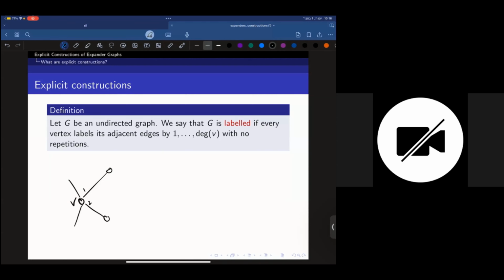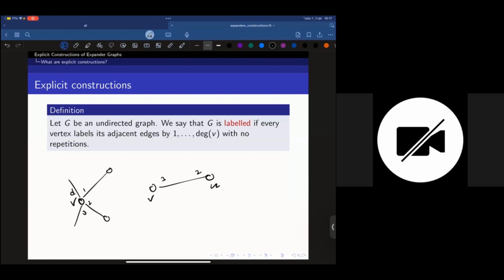It's undirected, but he thinks of them as outgoing edges from 1 to D in a bijective way. What is important to note is that the two end vertices of an edge don't need to agree on the label. Maybe V considers U as his third neighbor and you consider V as his second.